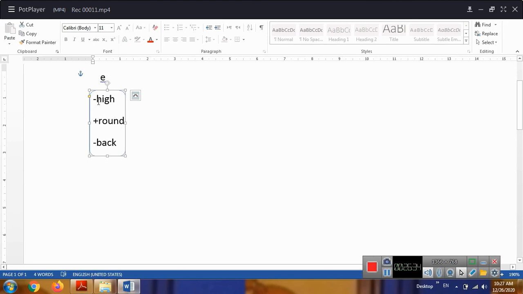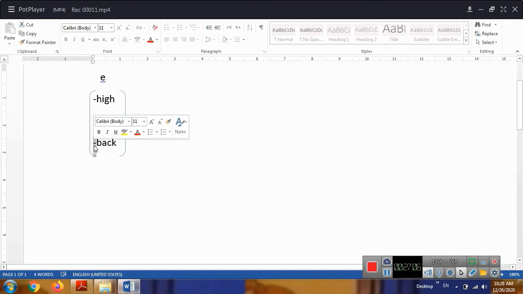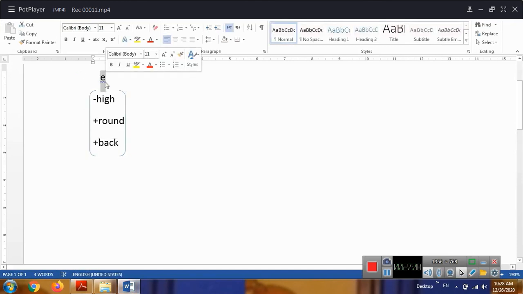I should find the sound which is minus high, minus back, and plus round, which is U. For example, I want to change it in this way: minus high, minus round, and plus back, which is A. Or minus high, plus round, plus back is O. We show them in this way.